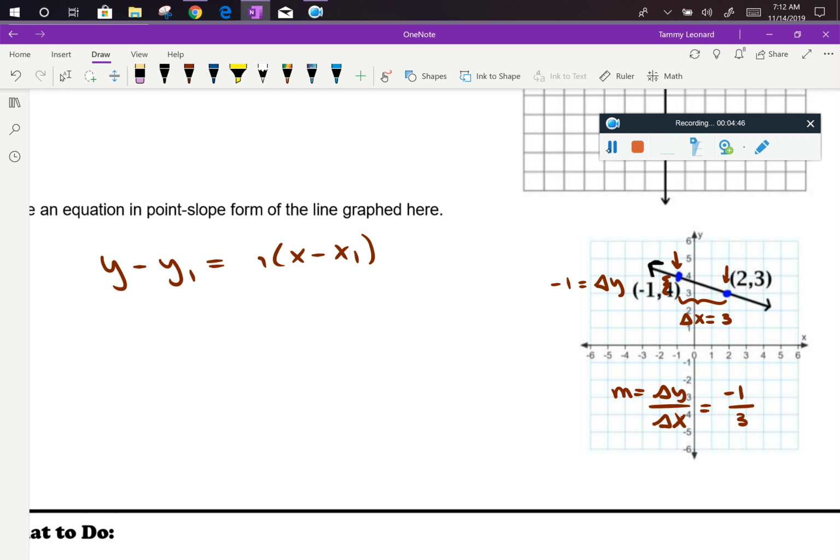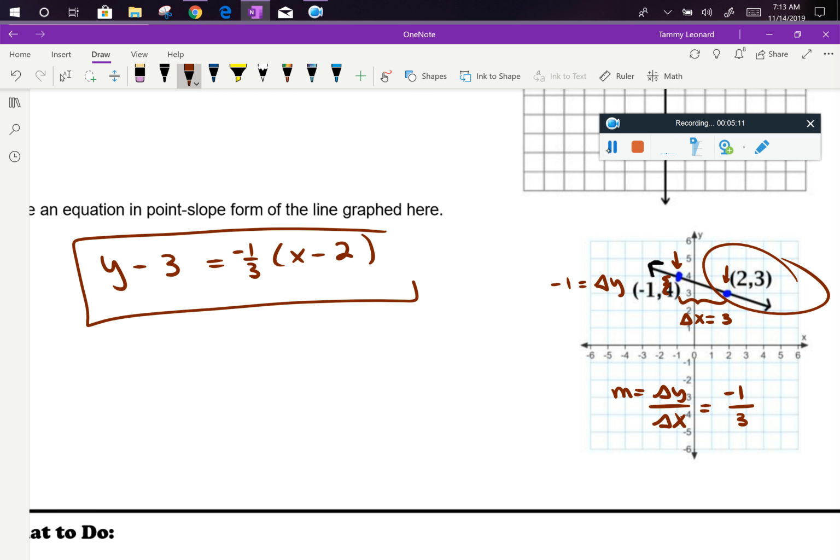Well, the m is going to come out, and the slope that we calculated of -1/3 will go in its place. If I'm choosing this point, 2, 3, the x value is 2, so I'm going to take out x1 and replace it with a 2. The y value is 3, so I'll take out y1 and I'll replace it with a 3. And we have our first option for how we might have chosen to write the equation.